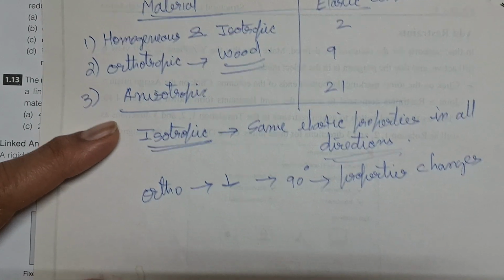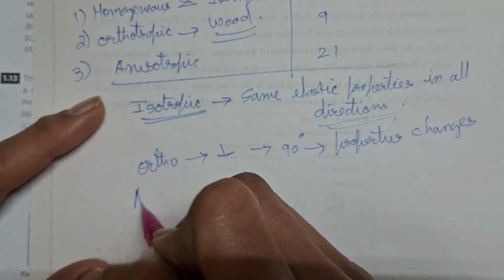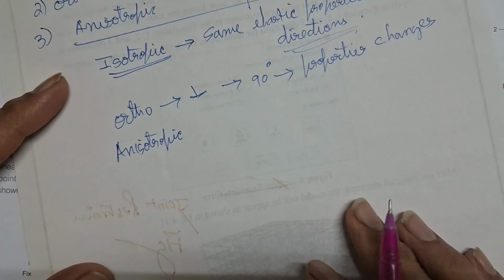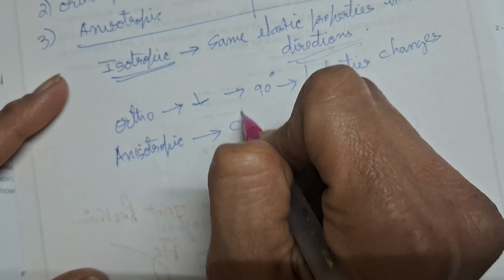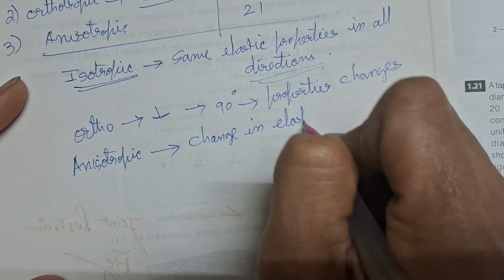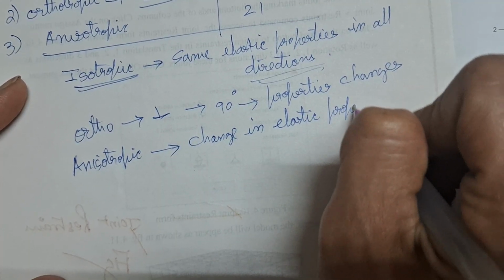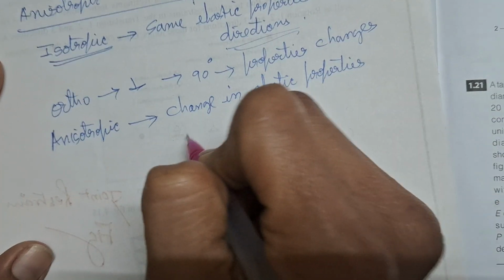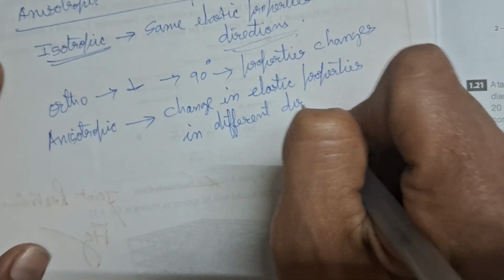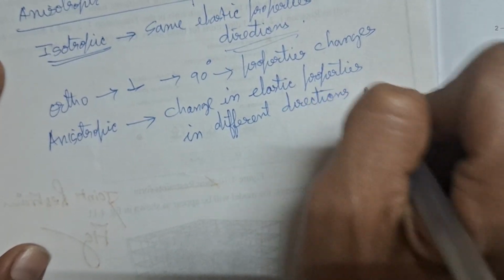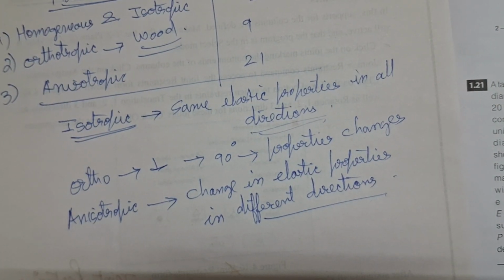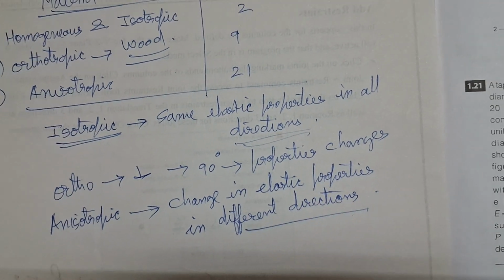Anisotropic means change in elastic properties in different directions. Okay, so these are some of the main terms: isotropic, homogeneous, orthotropic, anisotropic. This we should know.